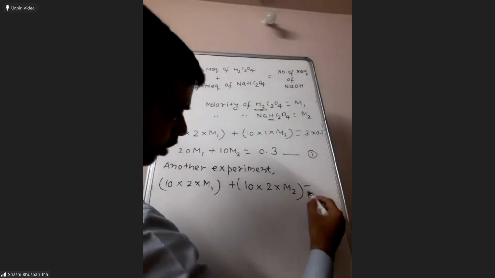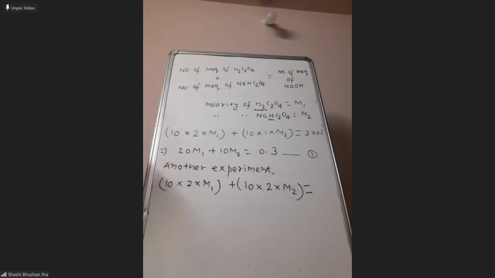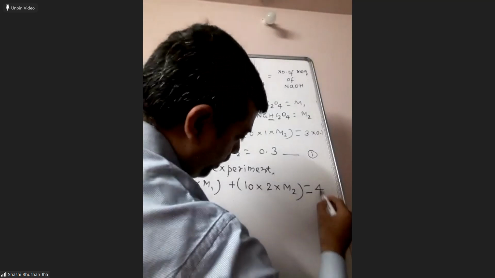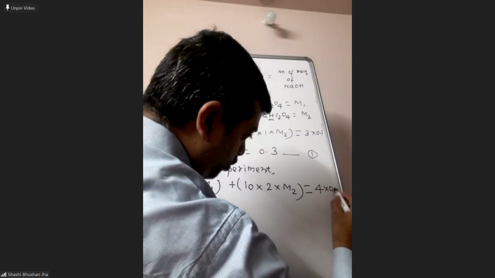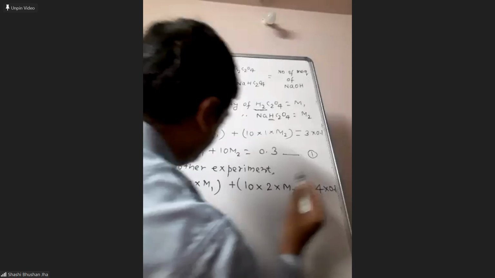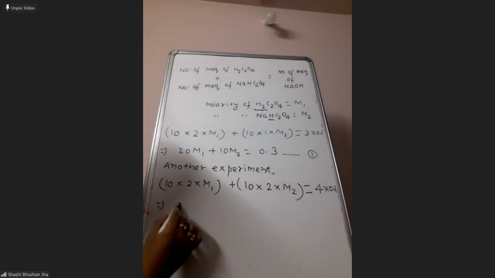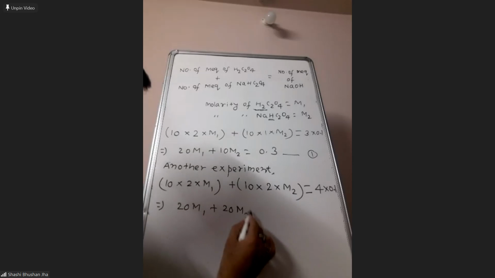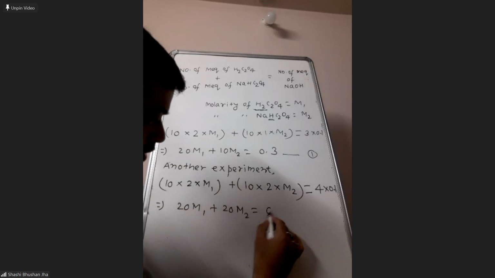Now this will be equal to the number of milliequivalents of potassium permanganate. Potassium permanganate we have taken as 4 milliliter and it is 0.1 normal. So the number of milliequivalents of potassium permanganate is 4 into 0.1. So it will come 20 M1 plus 20 M2 equal to 0.4.